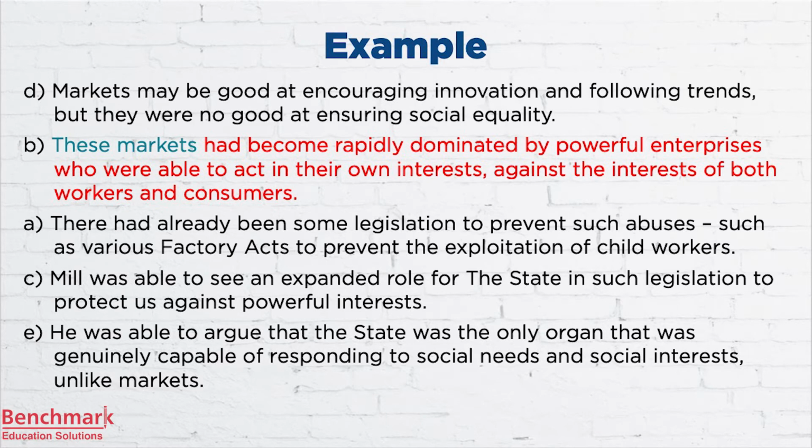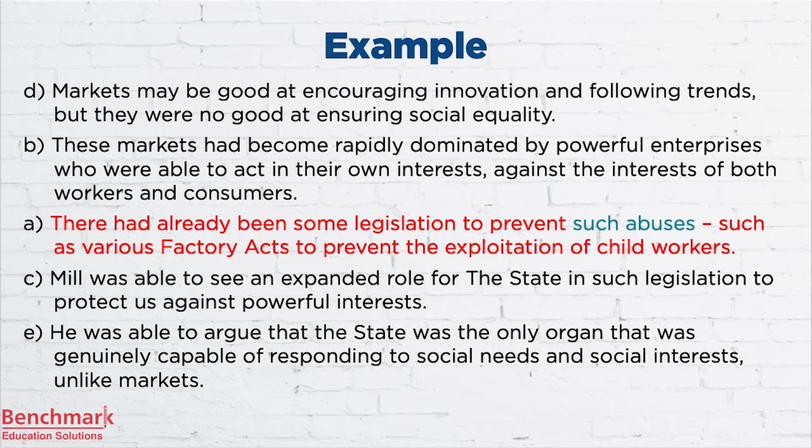The third sentence, there had already been some legislation to prevent such abuses, such as various factory acts to prevent the exploitation of child workers. The biggest clue is the phrase, such abuses. If you were to read this sentence on its own, you would probably be asking yourself, what abuses?